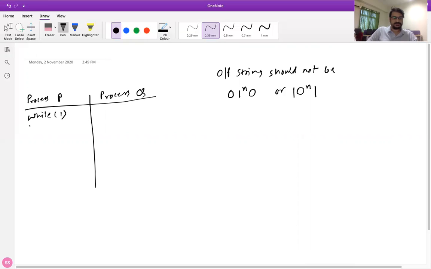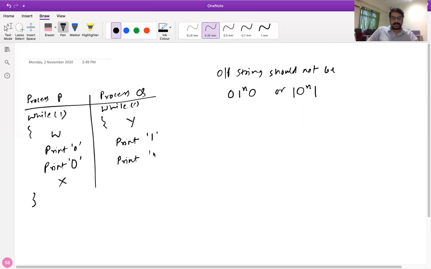While 1, W, print 0, then again print 0, and then X. While 1, Y, print 1, again print 1, and Z.